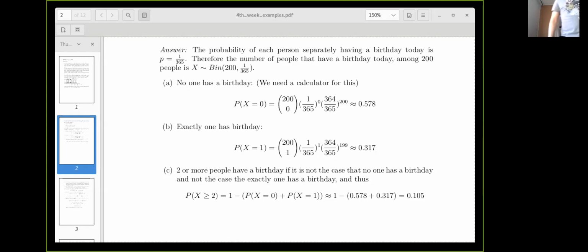And that probability is very high. Do you know why? Can you guess?